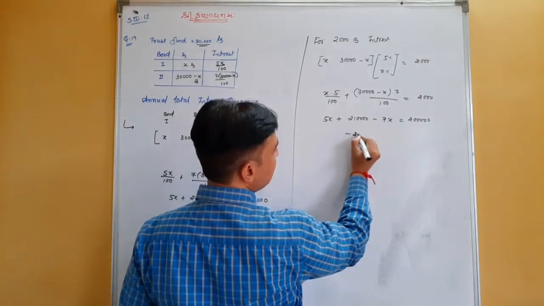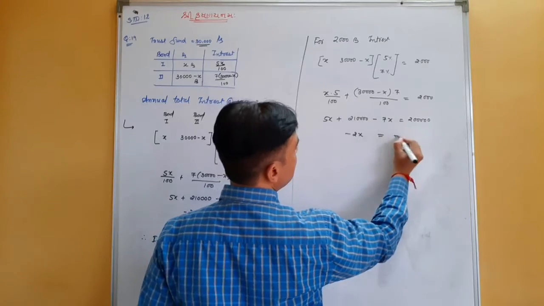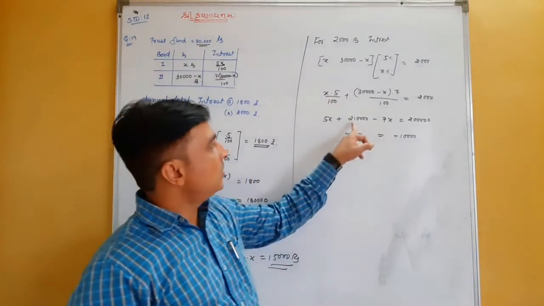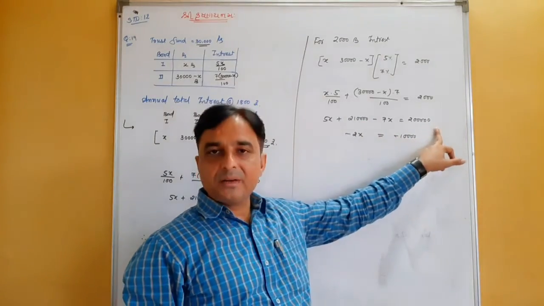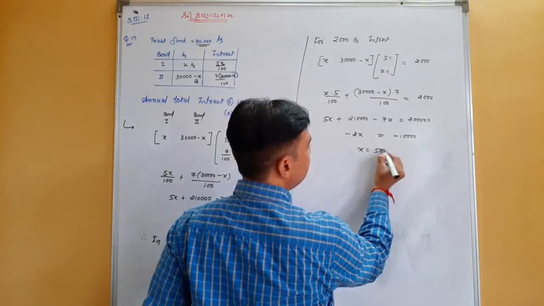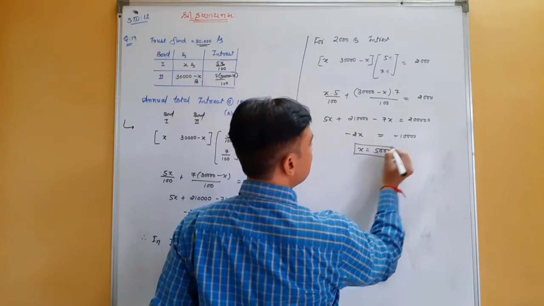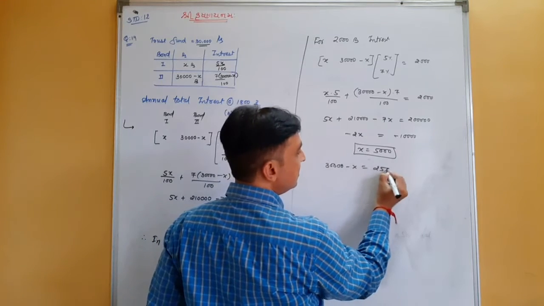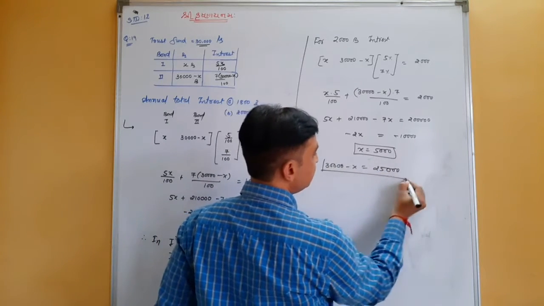So minus 2x equal to minus 10,000. 2 lakh 10,000, subtract from 2 lakhs, minus 10,000, x equal to 5,000. And 30,000 minus x equal to 25,000.